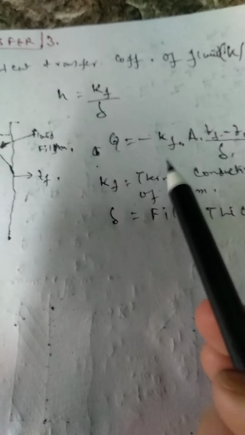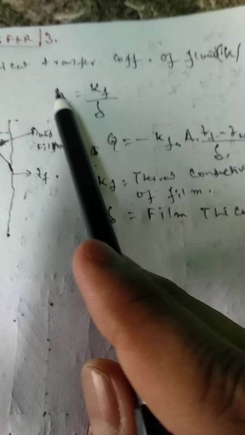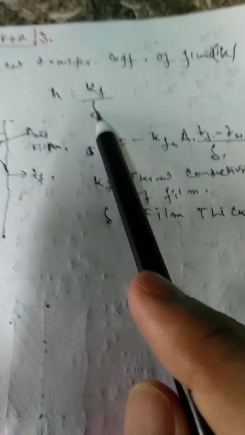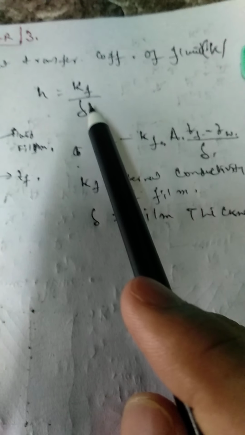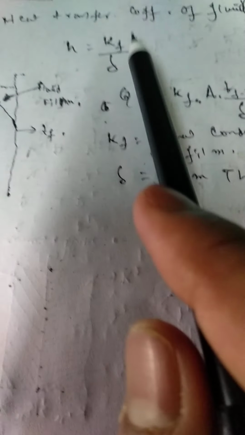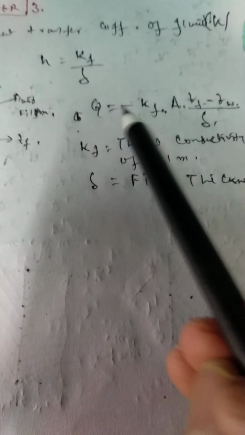And the film coefficient of heat transfer, this h, I have already said, is the heat transfer coefficient. So this heat transfer coefficient is equal to Kf by delta. Now you substitute this value of h in this equation.